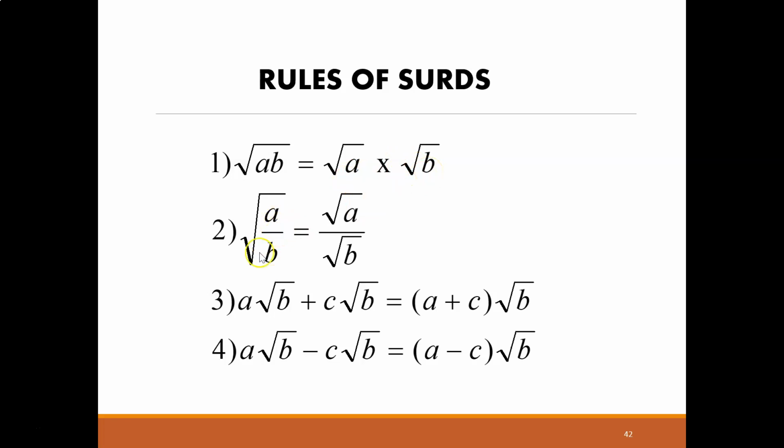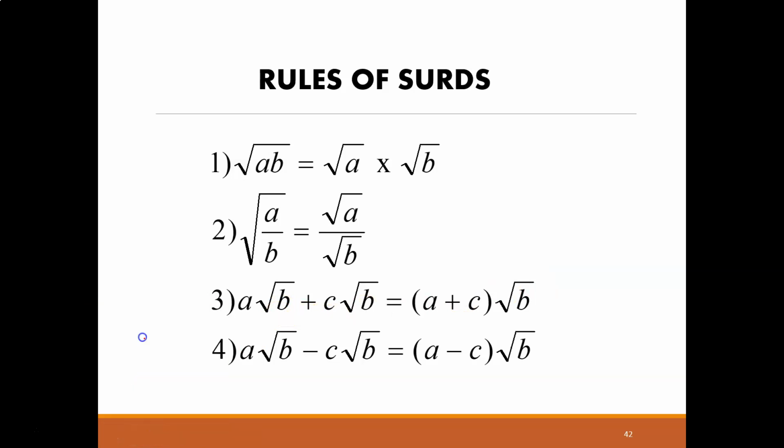And when you have division of surd, you can just split it up into square root of A and also square root of B. And then number 3, you have constant A times surd B plus C surd B. So you can combine the constant at the front. So you have A plus C multiply with surd B.